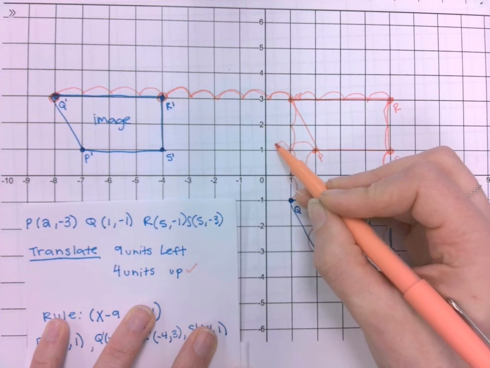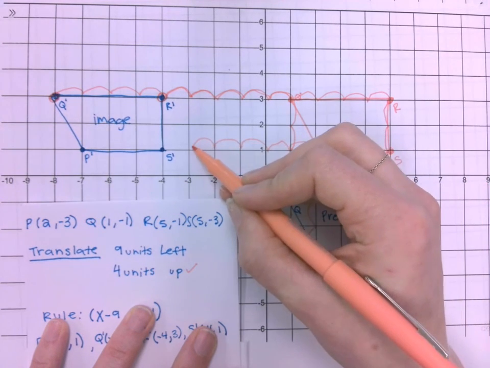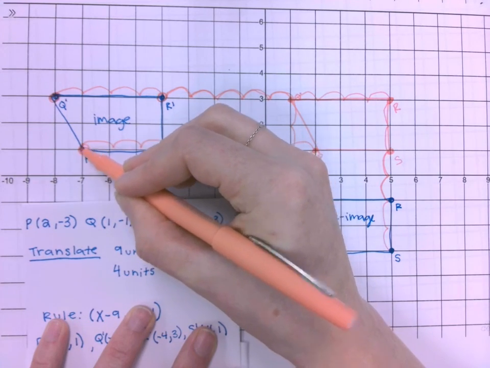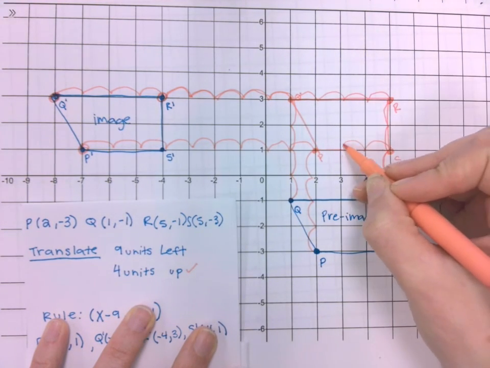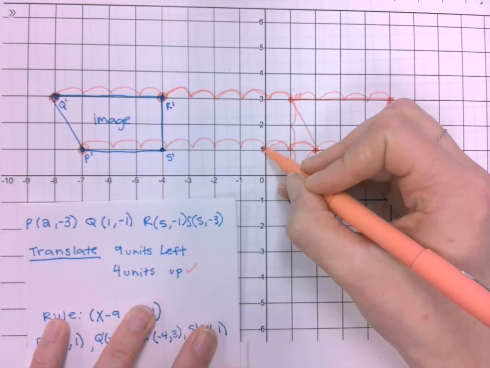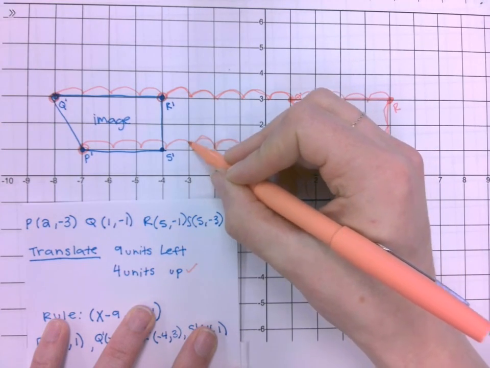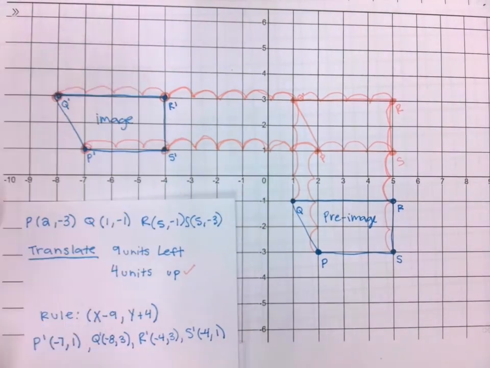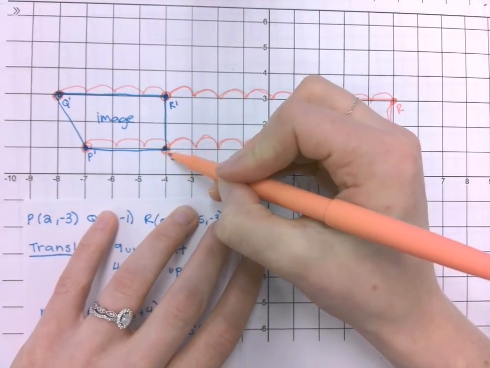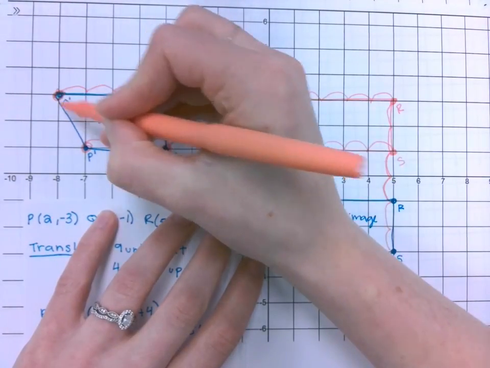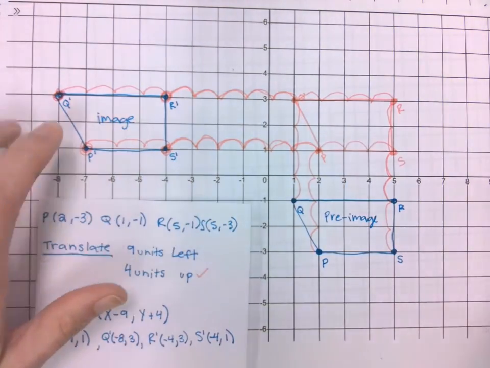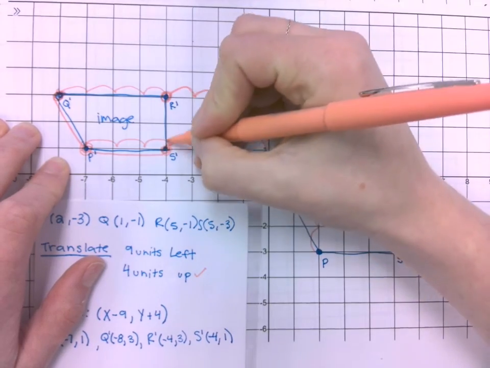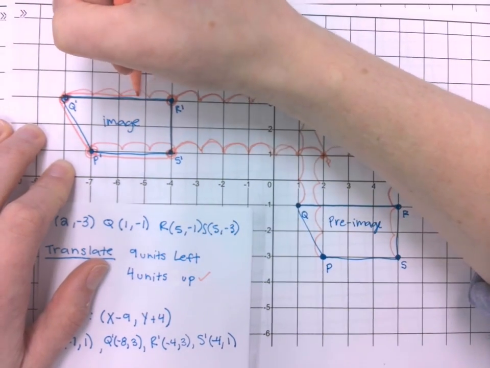Again, 1 through 9. And again, 1 through 9. So had this image not been here, we would have put these orangey points right there, and that would be our image. And notice, no matter which way you do it, you will get the same answer.